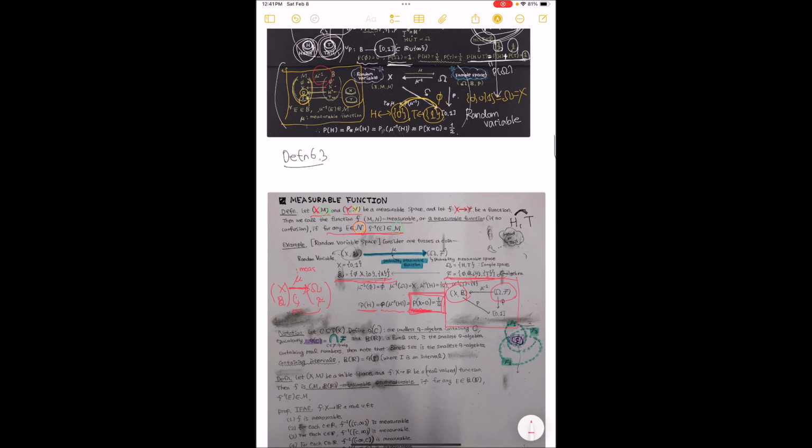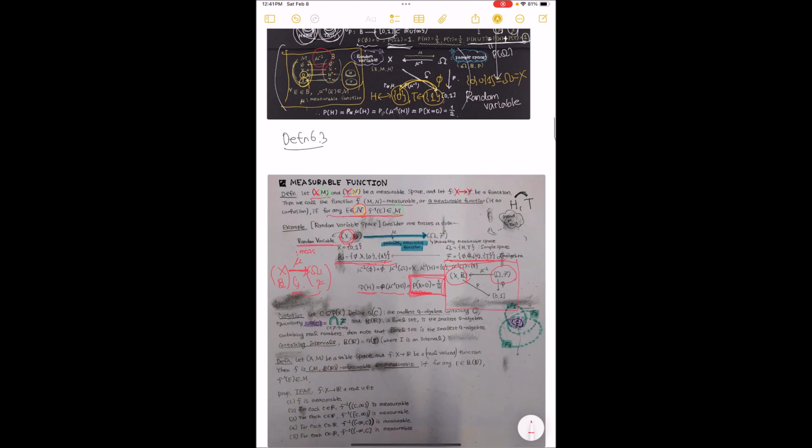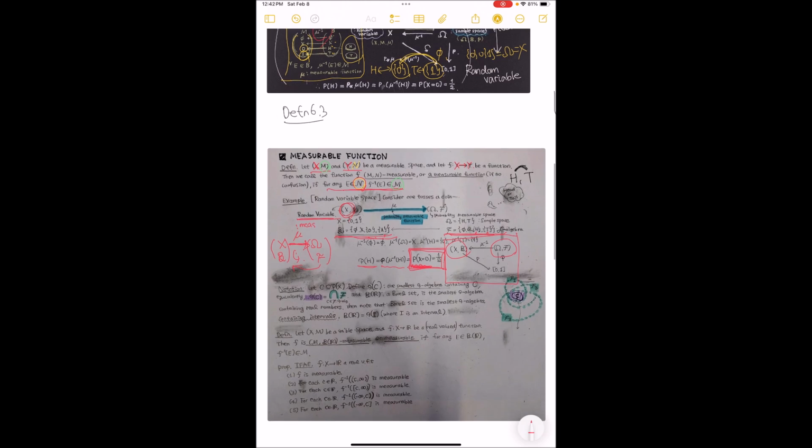In that process, the map X is a random variable. Furthermore, if we consider a function f where X is an abstract space but the domain is the real numbers, in that case, the definition of measurable is equivalent to the following.